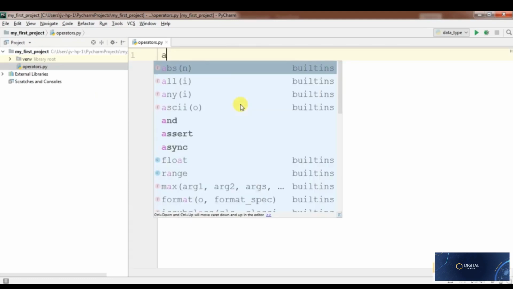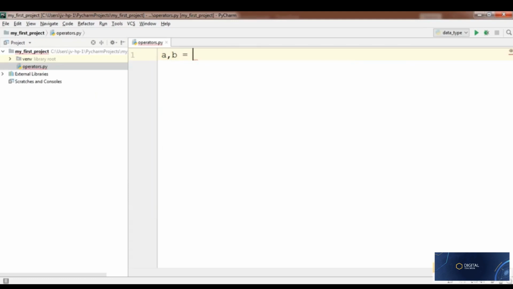Let's take one example. So I'll write one expression and you have to calculate and find the answer.